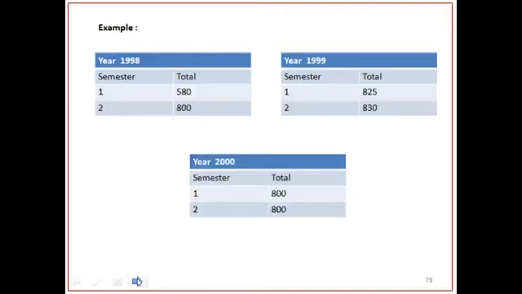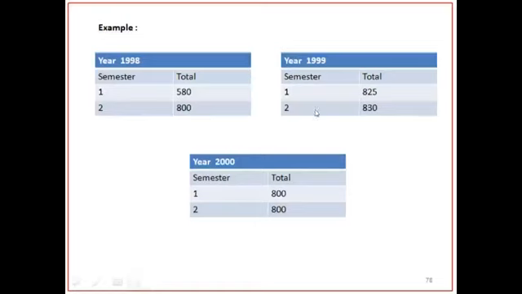Now, we know the total strength semester wise. In the year 1998, in the first semester, 580 is the total strength. In the same year, 1998, in the second semester 800 students are available. Next is the year 1999.